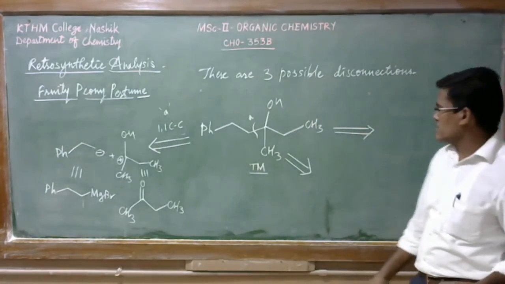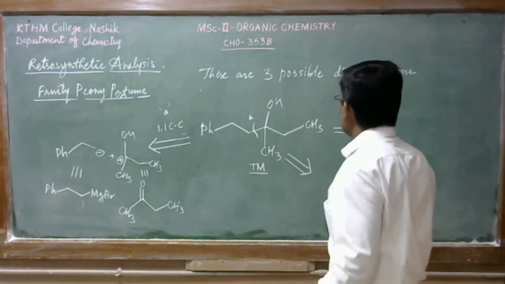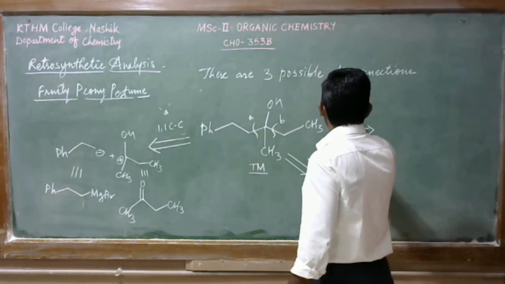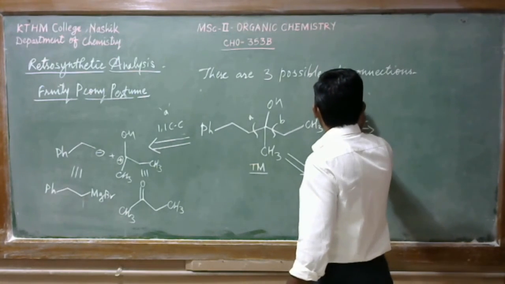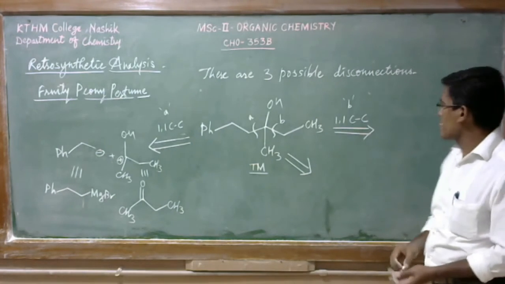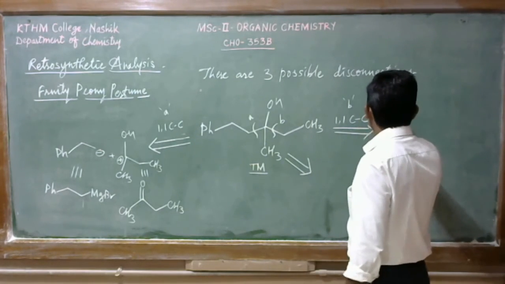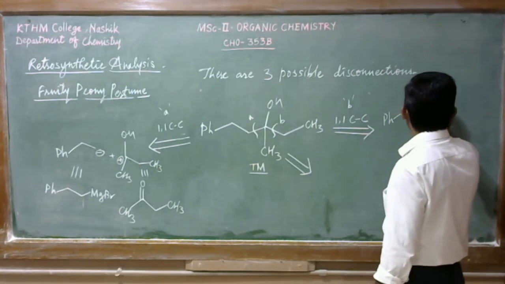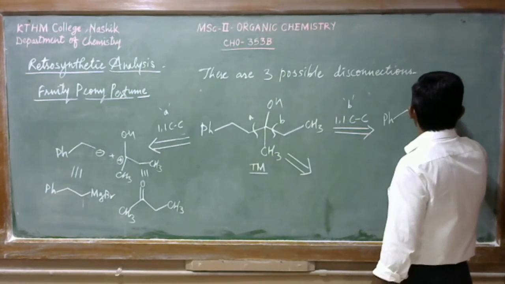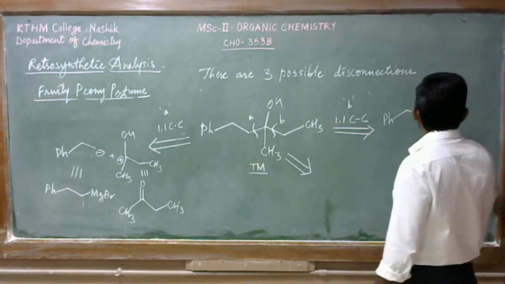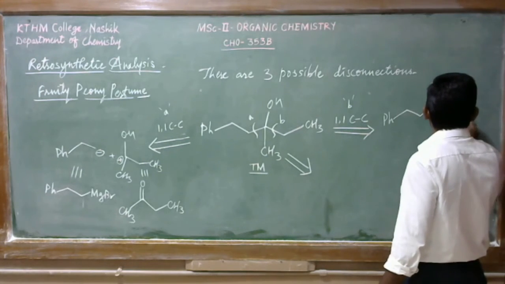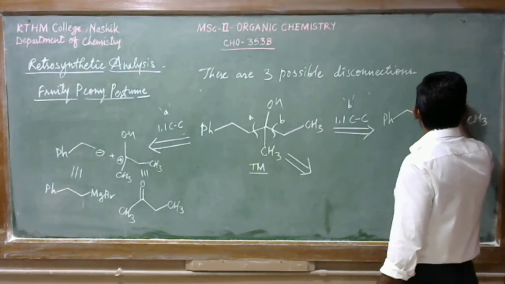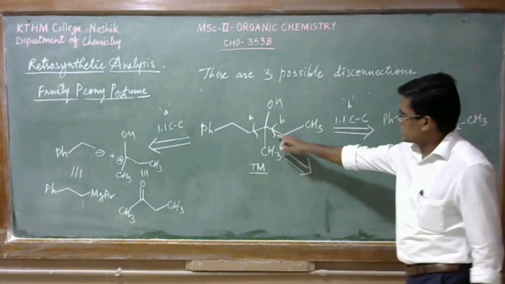Okay. So another disconnection could be this one. Let us say this is B. Again, one carbon disconnection, B disconnection. So we would generate this, which will have positive charge, and this will have negative charge.